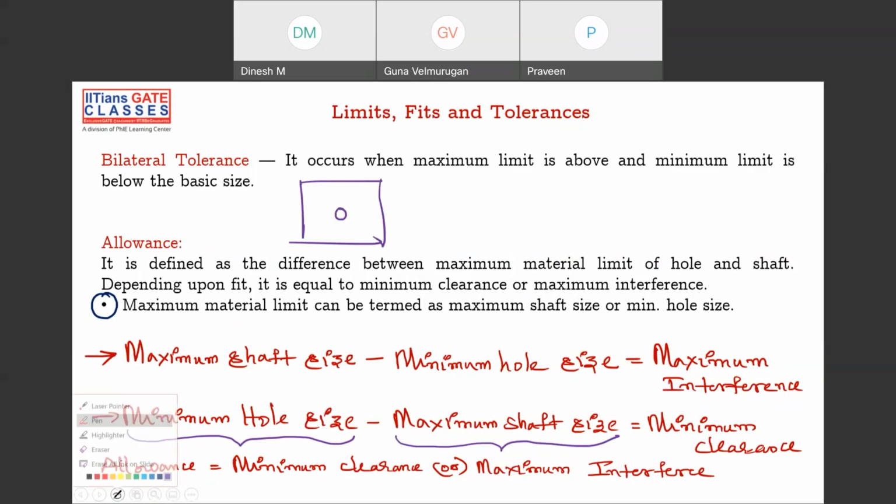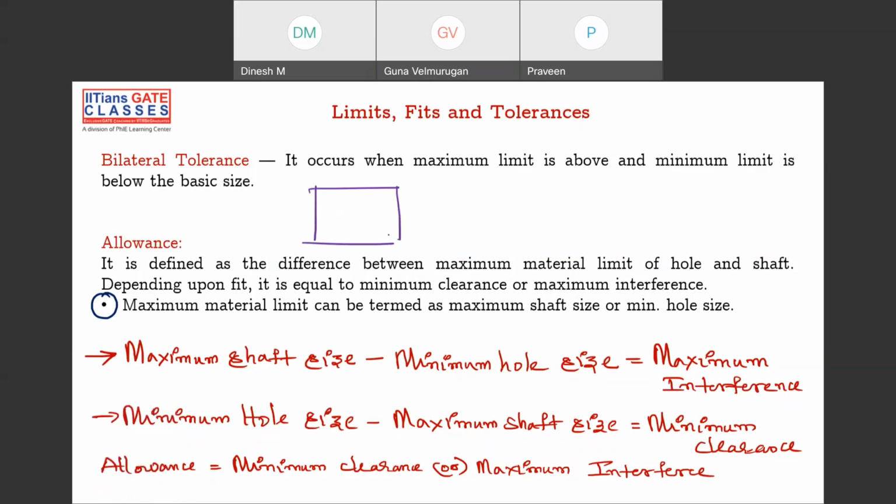Minimum hole size is this, this is the maximum hole size, and the maximum diameter is this, the minimum diameter is this. It will go in fully, and this is what is left. That is your clearance.